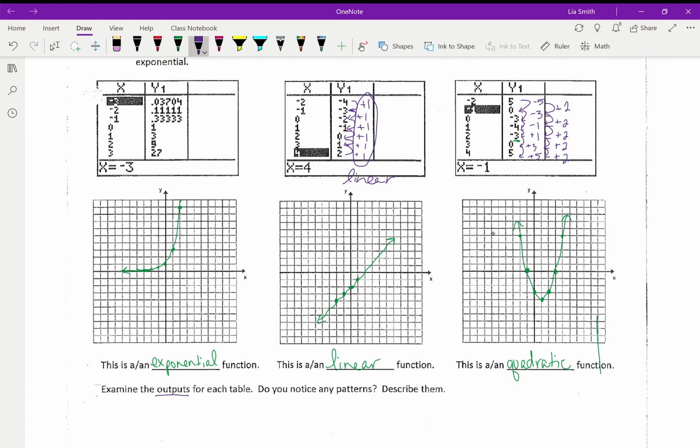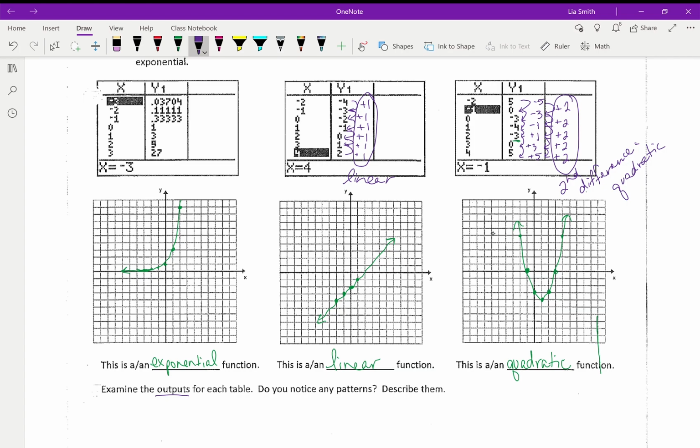Since those are all the same, the second difference indicates that you are dealing with a quadratic function. Let me recall how I got those plus 2's. -5 plus 2 gives me -3. -3 plus 2 gives me -1. -1 plus 2 gives me +1. +1 plus 2 gives me +3.